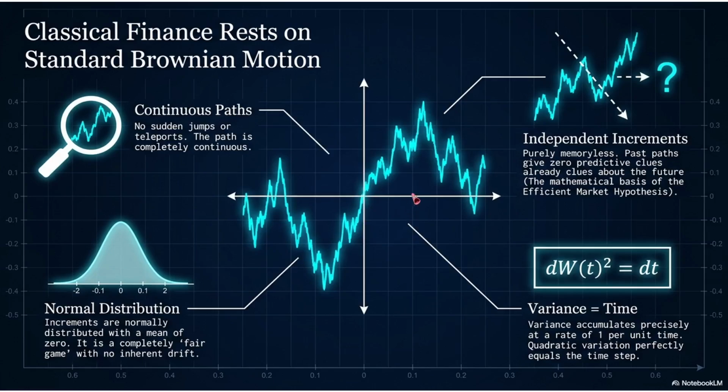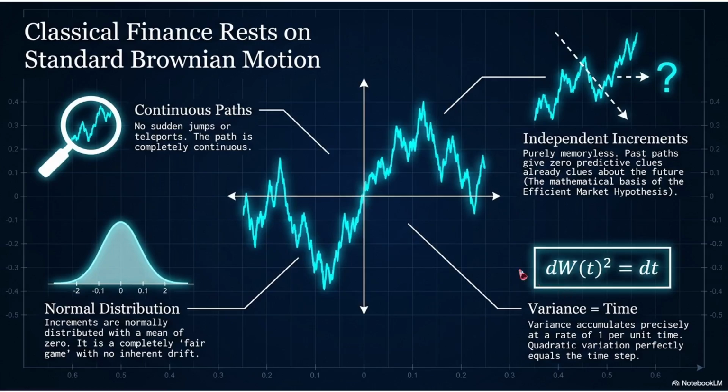drift. Third, we have independent increments, so the process is completely memoryless. The past path you see here gives absolutely zero predictive clues about the future. This is actually the mathematical bedrock of the efficient market hypothesis.